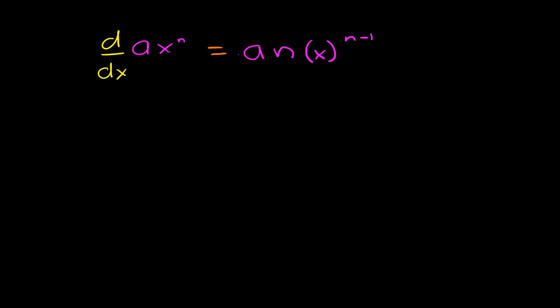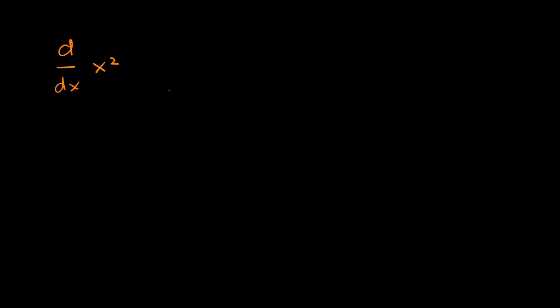Let's start off with a couple of examples. In this problem, we're asked to find the derivative of x squared. Now we know our coefficient is just 1, so our a value is just equal to 1. So 1 times, we need our n value.